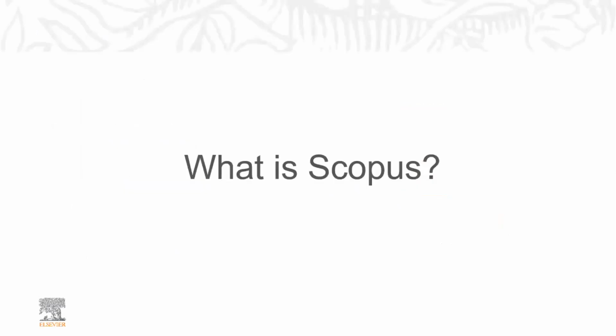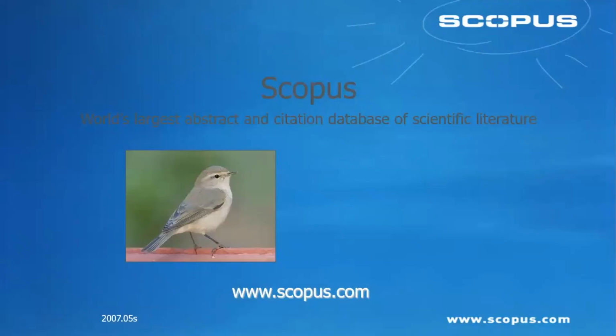So let's start with Scopus. First of all, I myself learned very recently that the world's largest abstract and citation database of scientific literature actually gets its name from a little bird, which you can see on this screen.